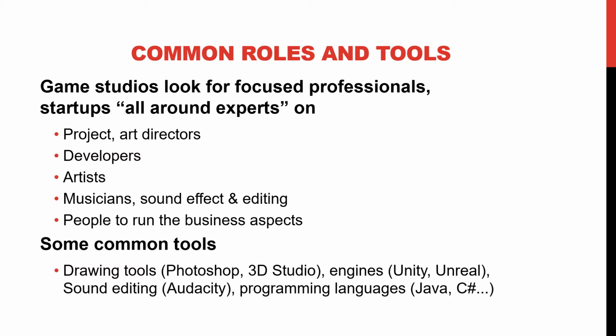Meaning that if the startup companies are looking for all-around experts, meaning that you have to be competent on several things, and one thing is the one you are very good at, the actual game studios tend to want to have the very high level professionals, whether it's animation, whether it's graphics, sales, or programming work.